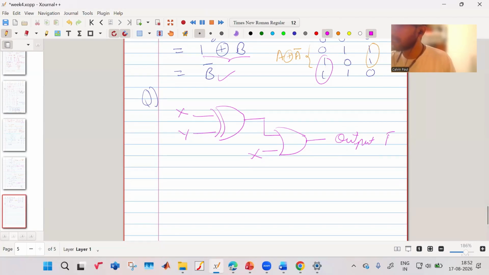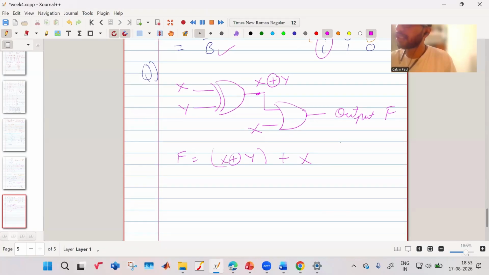So what will this output be equal to? Let us say the output is F. So over here, this is X XOR Y. And your output F is equal to X XOR Y plus X. That is OR with X. Now, how do you simplify it? You have X XOR Y, which you know.